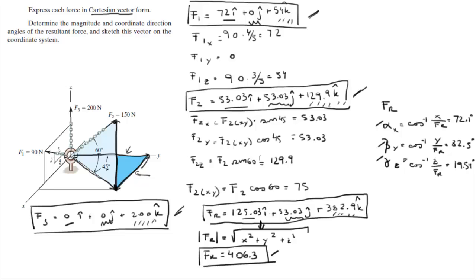So this is going to be around 125 on the x, so let's say somewhere right here. 53 on the y, and 382 on the z, gonna be somewhere right here. More or less. Final answer.